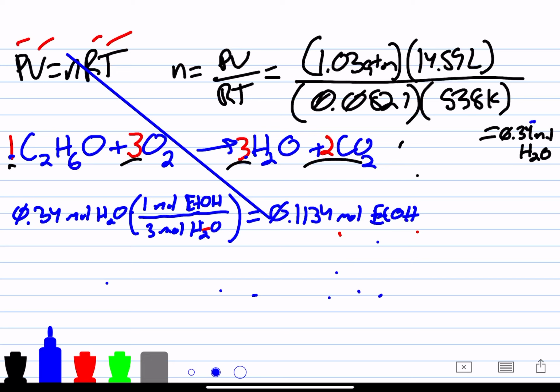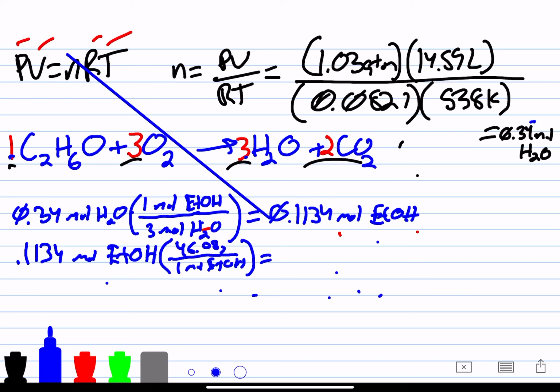So if we have 0.1134 moles of ethanol, the molar mass of ethanol, so 1 mole of ethanol is equal to 46.08 grams, which comes out to be 5.23 grams of ethanol.